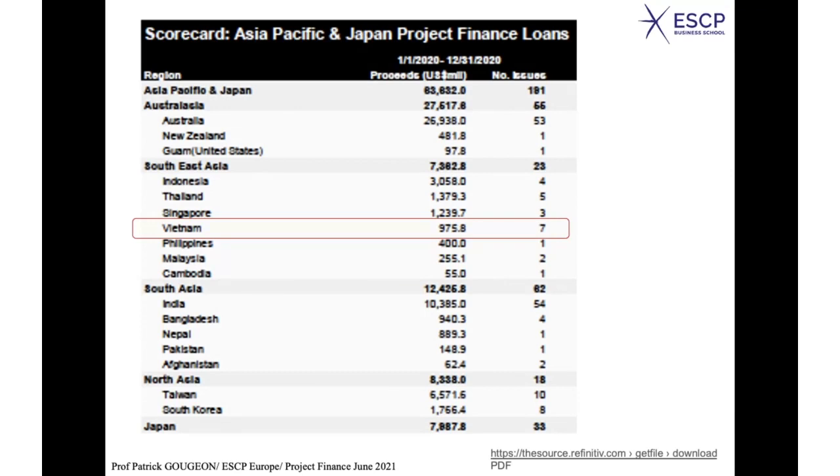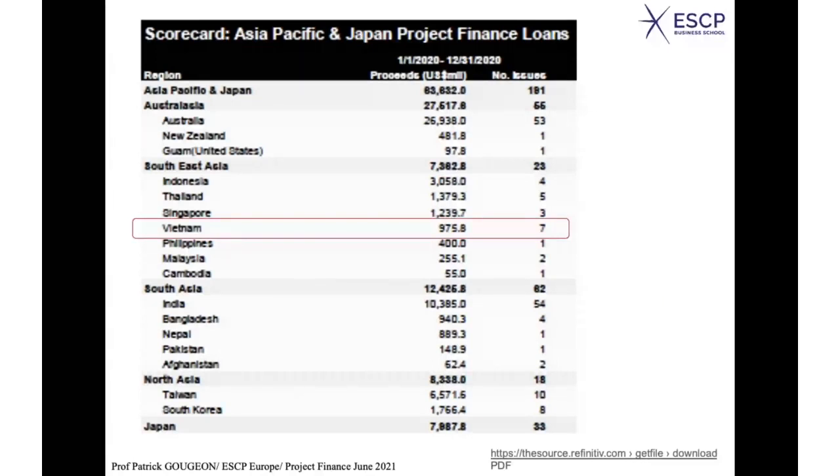I mean, the capacity to develop project finance in Vietnam is a growing concern today, and there are more and more projects which are being or about to be financed using this type of financial structure. When you look at Singapore, you have a lot of projects there, but maybe just because the special purpose vehicle is located in Singapore, while sometimes the project is taking place somewhere else.